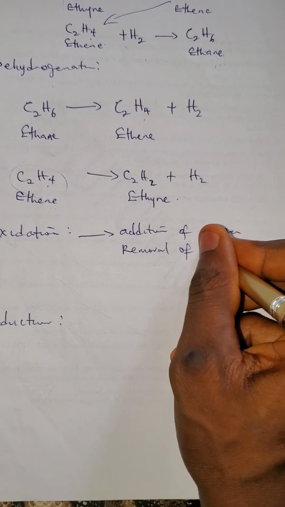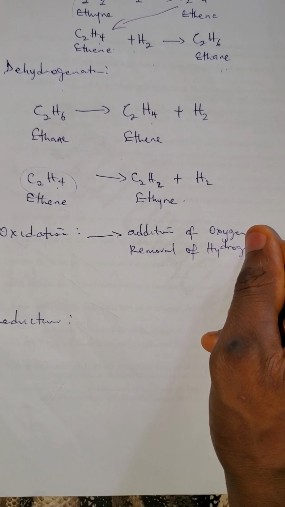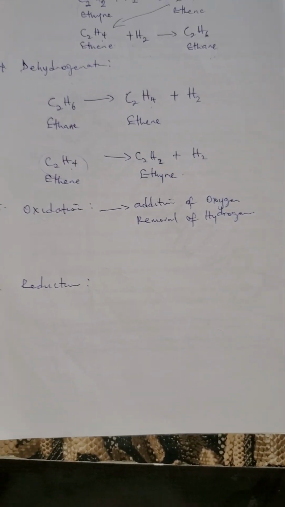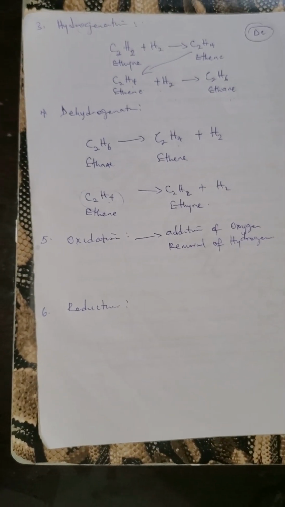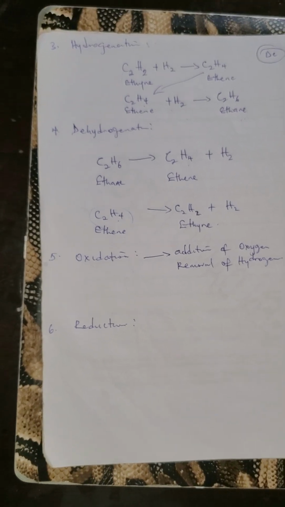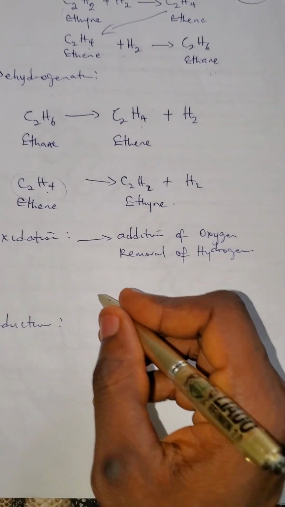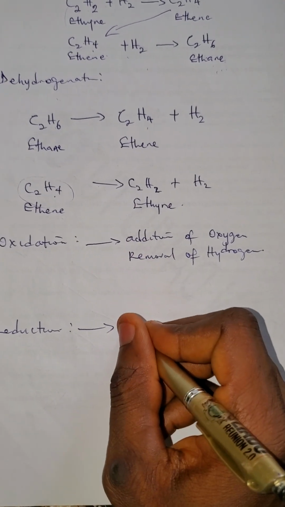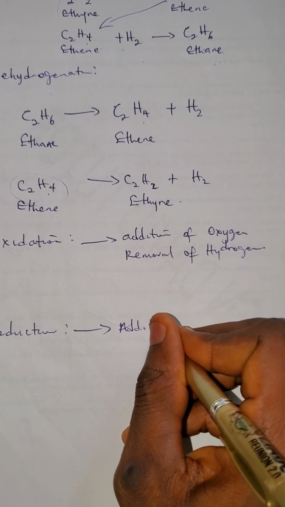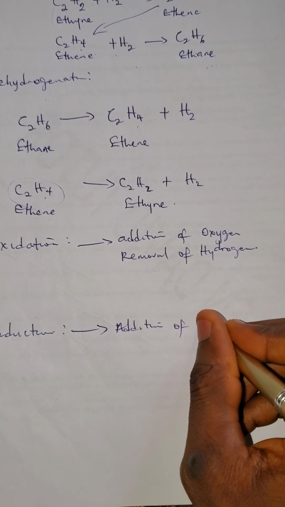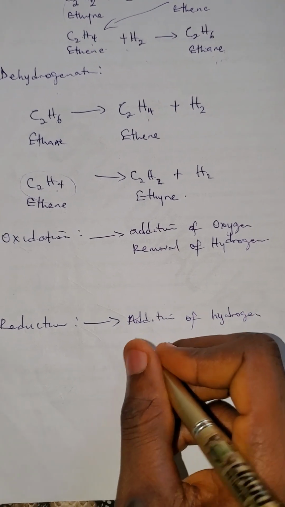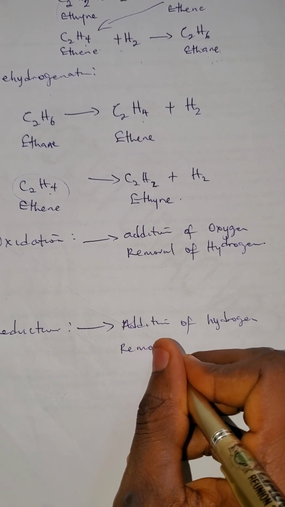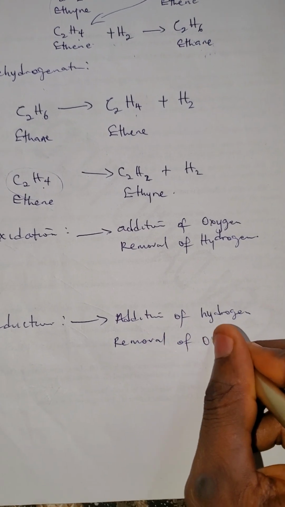Of hydrogen. We have five terms of defining oxidation and reduction, but this is not the class for oxidation and reduction. Now, reduction can be addition of hydrogen, while you have it to be what? Removal of what? Of oxygen.